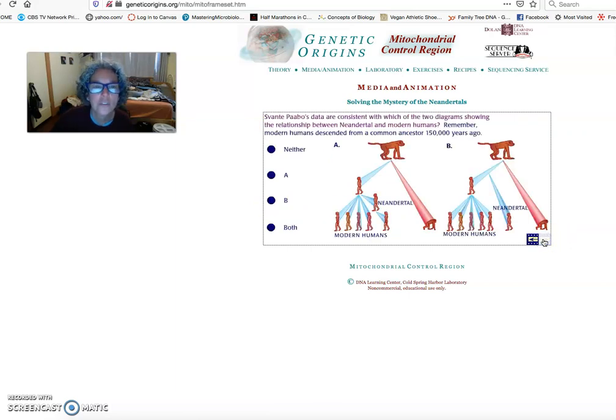All right, so the data are consistent with which of the 2 diagrams showing the relationship between Neanderthal and modern humans? Remember, modern humans descended from a common ancestor 150,000 years ago.